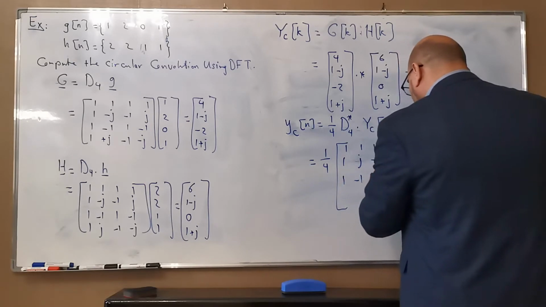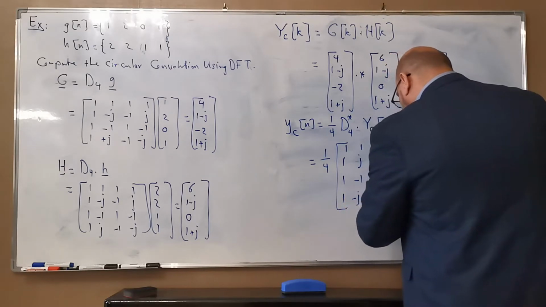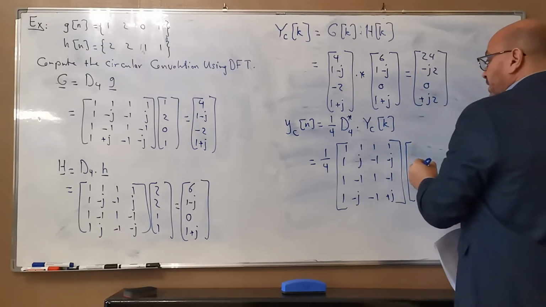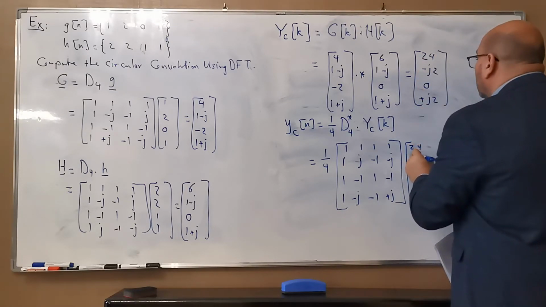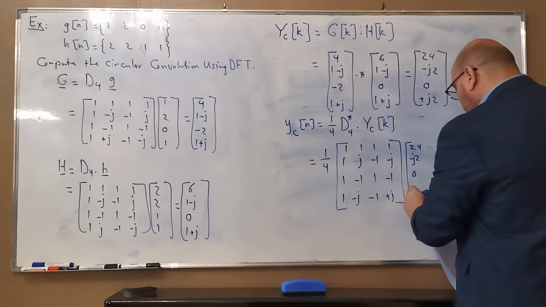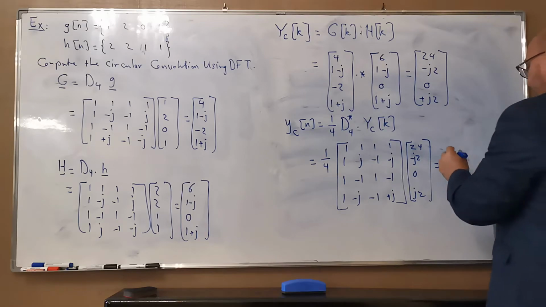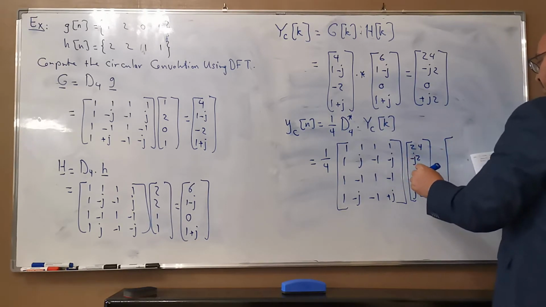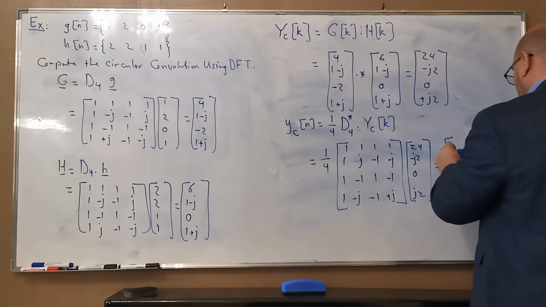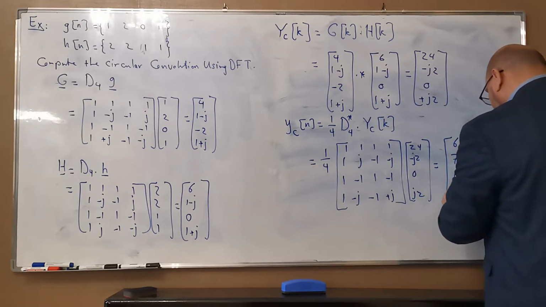Those are real values. If you multiply this by yc, 24, minus j2, 0, plus j2, we will have the first one as 24 divided by 4, so the answer is 6, 7, 6, and 5.